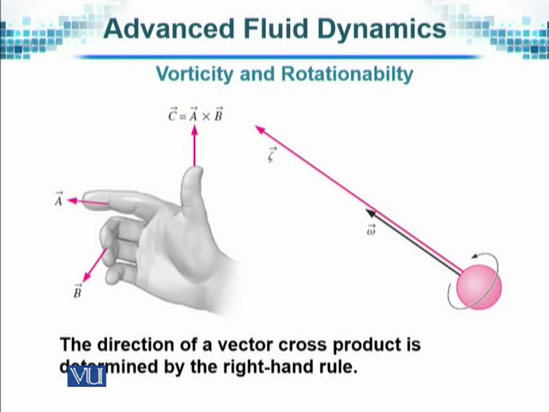Then the right hand thumb rule is used, as you can see in the picture. If there is a vector A, and these are mutually perpendicular lines, as we take in rectangular coordinates x, y, z, this is in the x direction, and let us say this is the y direction.